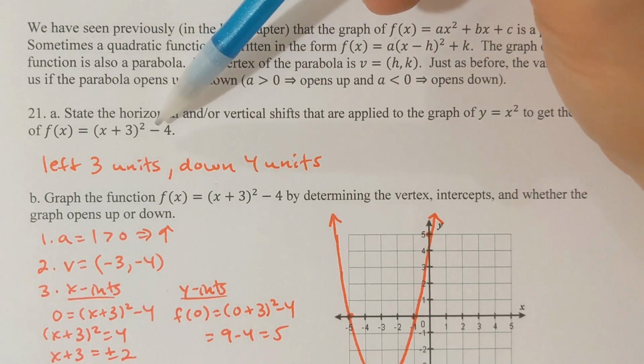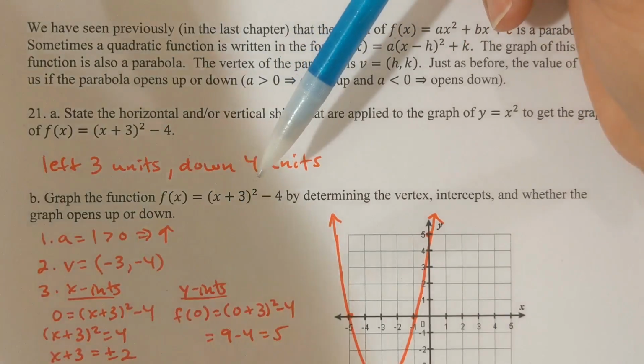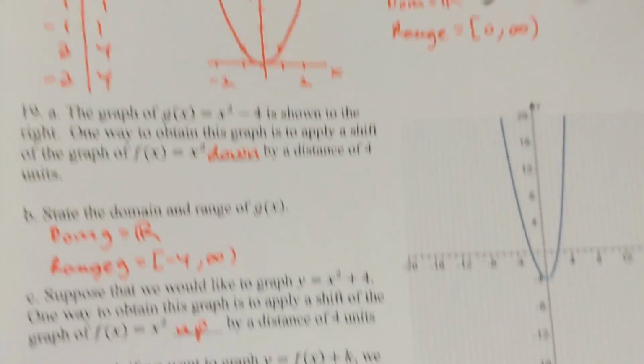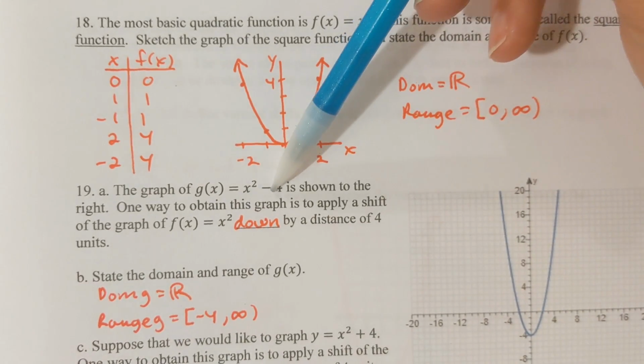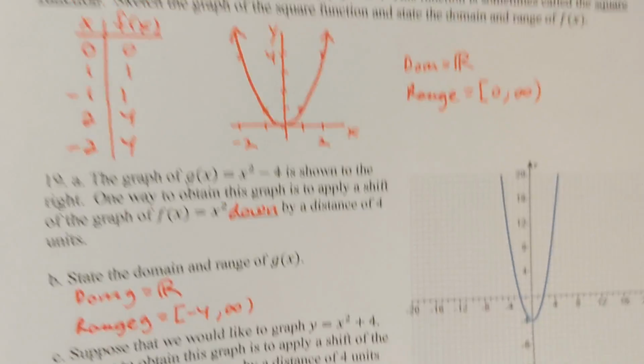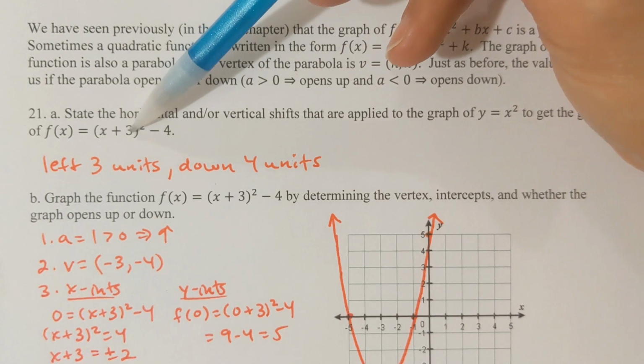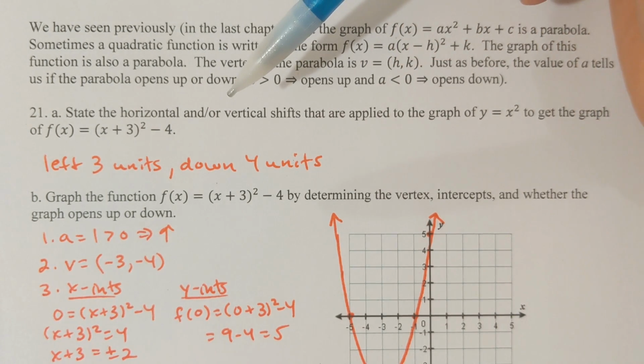The minus 4 that we see at the end means that we're going to go down 4 units, right? That's what I was talking about in this problem. This parabola is going to go down 4 units if you have a minus 4 there. The plus 3 would mean that you're going to go to the left 3 units.